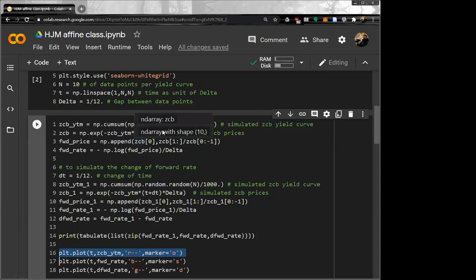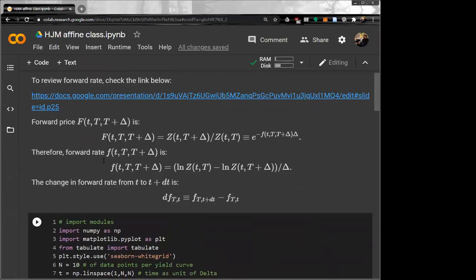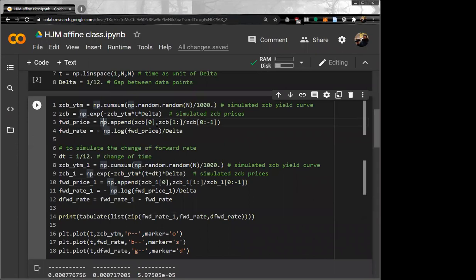So T plus delta is like the time to maturity. Since we have the zero coupon bond price, now I can calculate the forward price using the formula over here, right? This one.